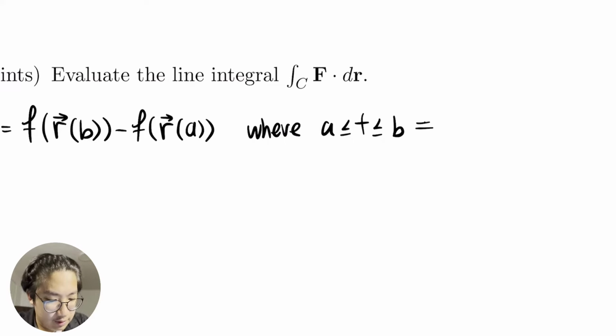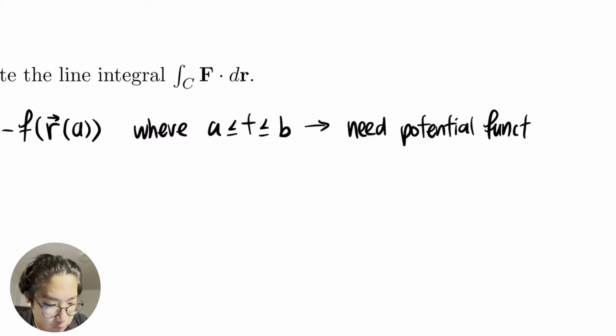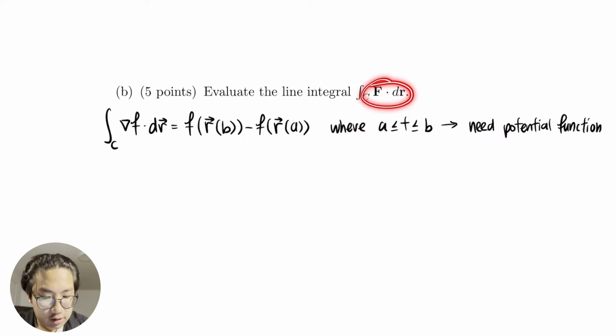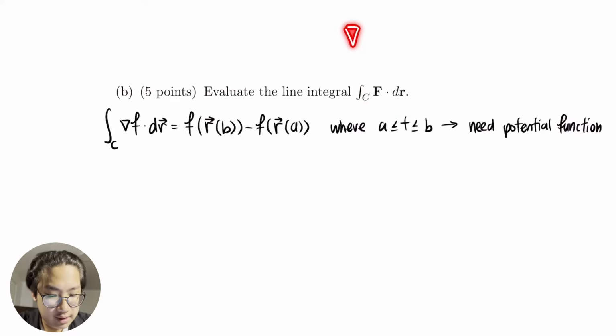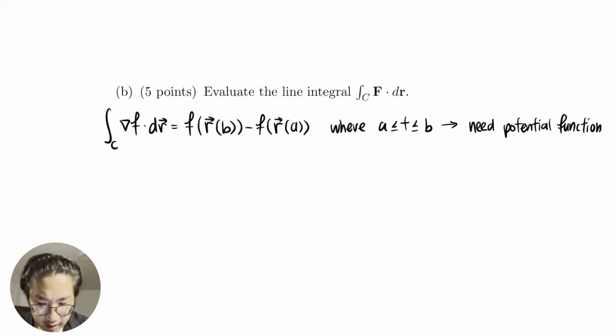Again, this alludes to the fact that we need a potential function. This is the main idea: we are still evaluating the same thing, because F is conservative, we can find a potential function whose gradient is F, and it's equivalent to this. So let's get into that.